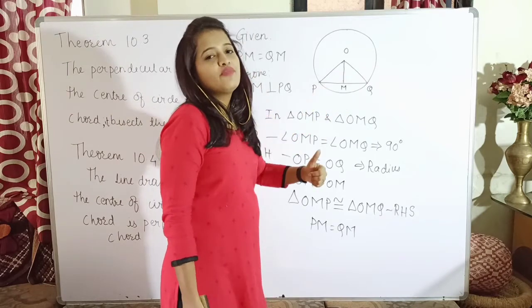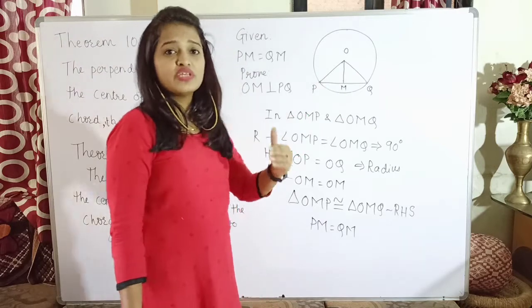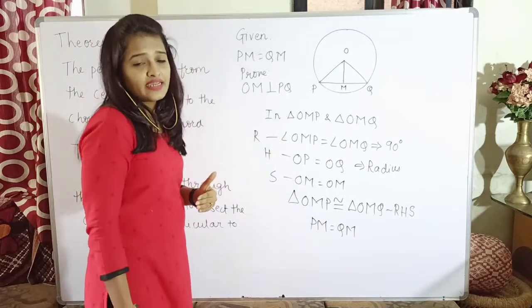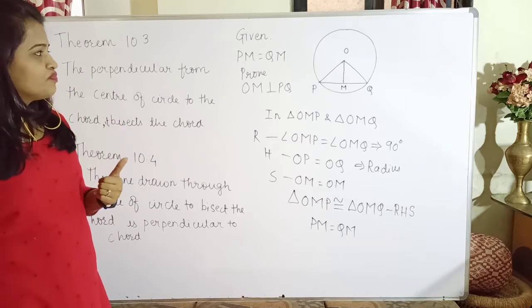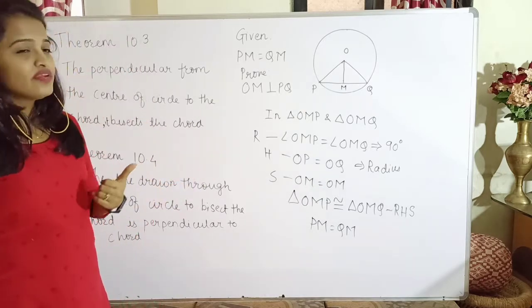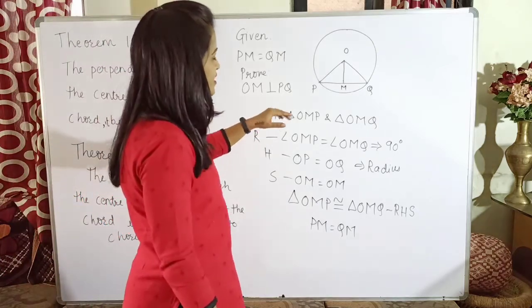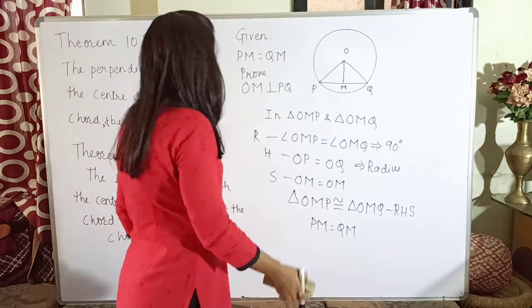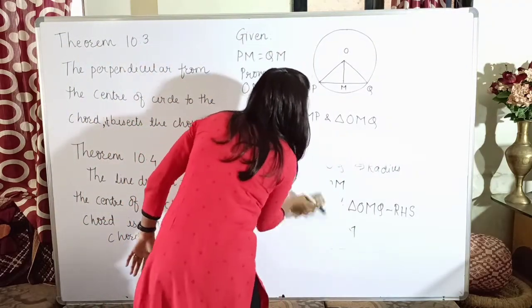Therefore by linear pair axiom I can say, since the two angles are equal and also they are forming the linear pair angles, hence the individual angles will be 90 degree. But before proceeding to showing how the two angles are equal, let us see how can we show the two triangles as congruent. So what do I have? Yes, in the two triangles, the same two triangles I have to consider, right?